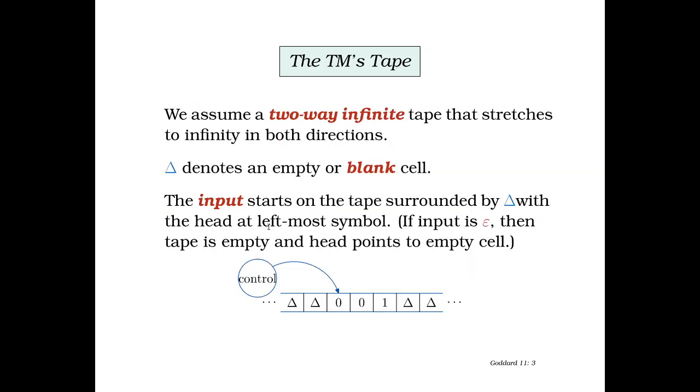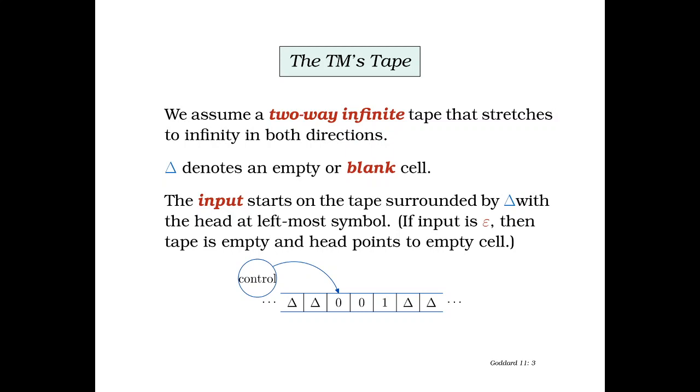Next, let's discuss the Turing machine's tape. So, what is the tape? The tape is a device on which we're able to write some symbols and then read them back. The tape is infinite in the sense that it stretches to infinity in both directions.